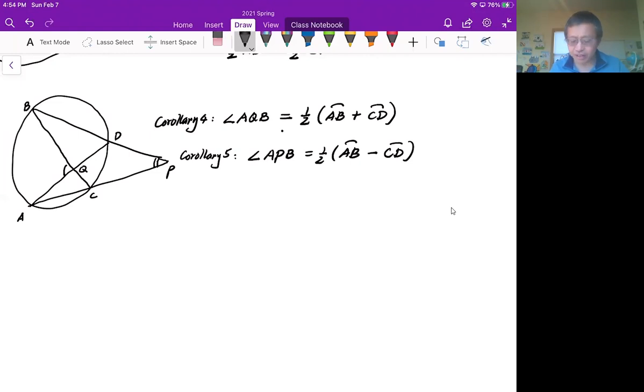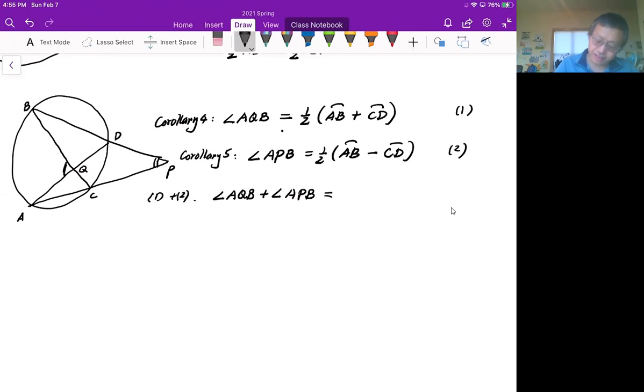Okay, but now one is AB plus CD, the other one is AB minus CD, and then you can have some idea. How about I add the two of them together? I'm going to call that the first equation and the second equation. I'm going to have 1 plus 2. What do I get here? I get the angle AQB plus the angle APB, right?